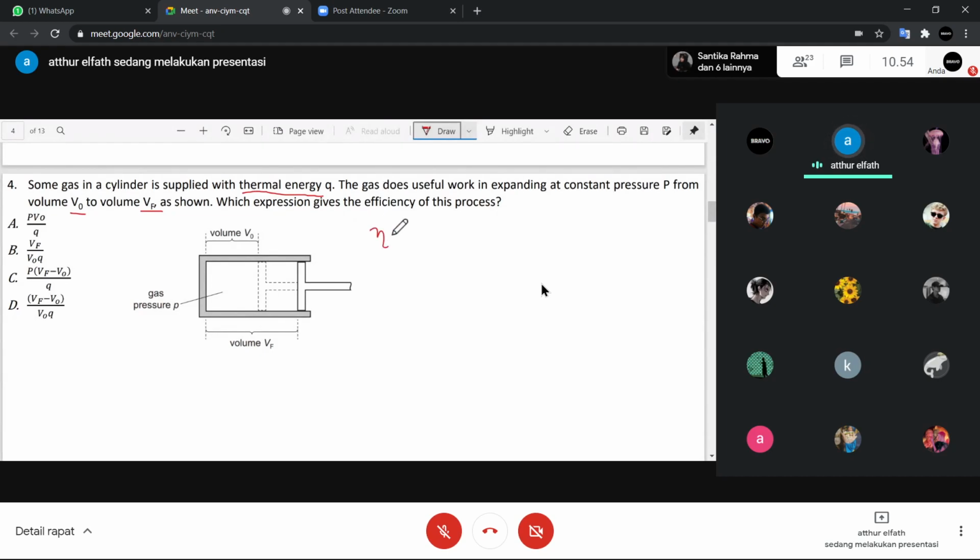Efficiency basically equals power output per power input. And power itself can be defined as work per time.